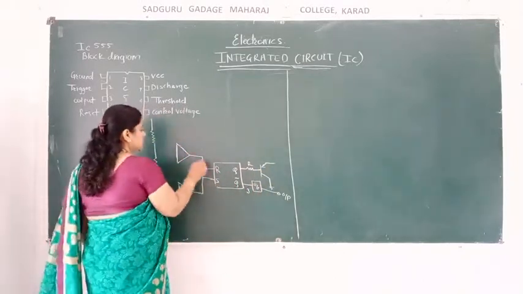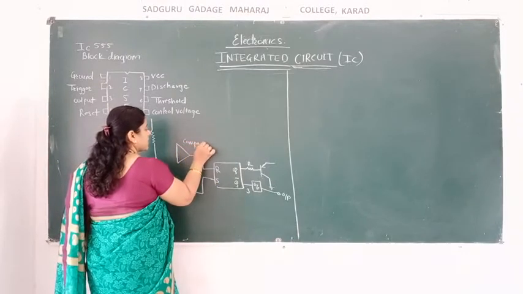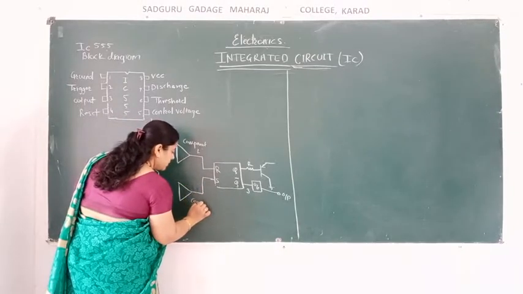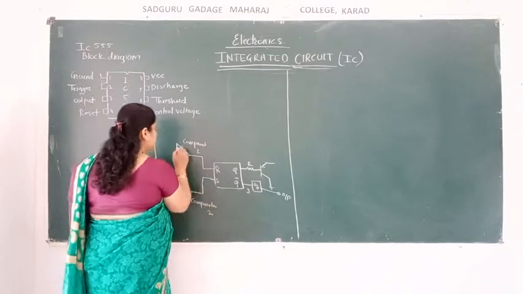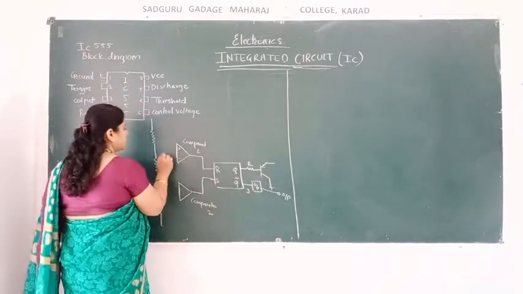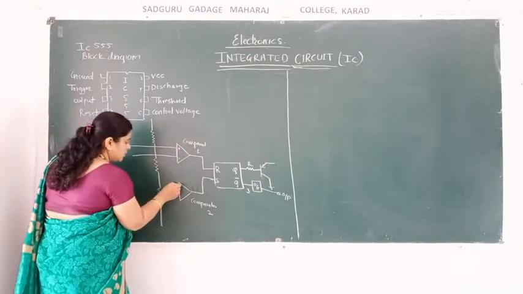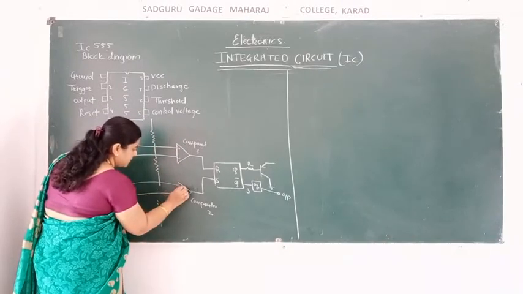This is comparator 1 and this is comparator 2, each having a plus supply and a minus supply.